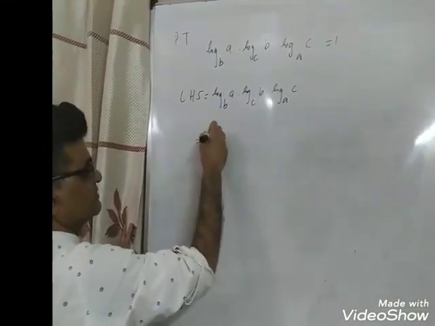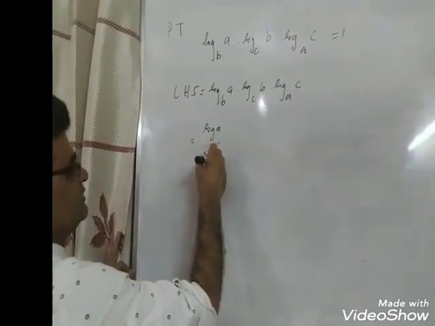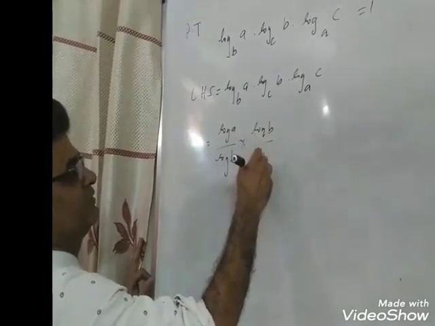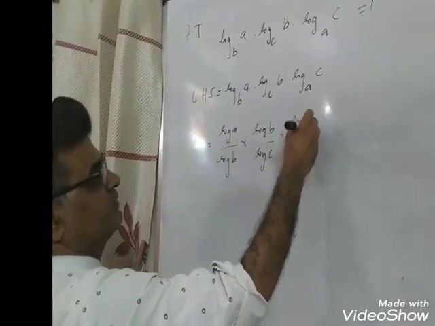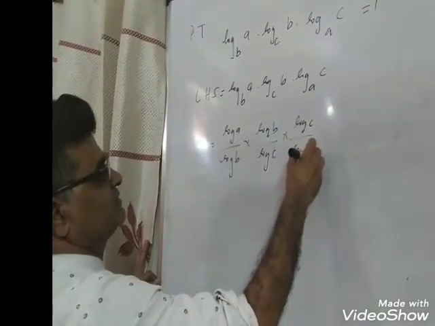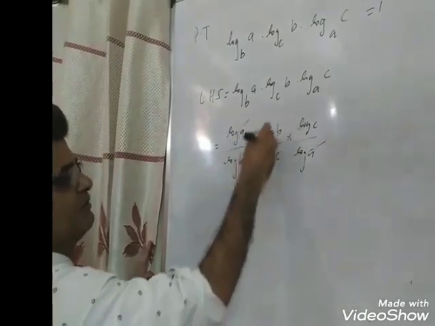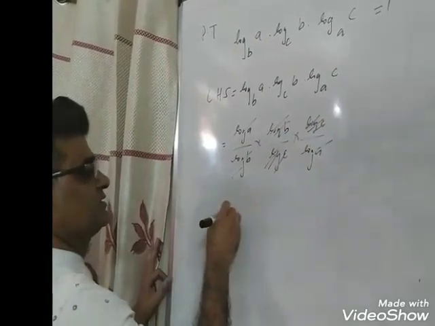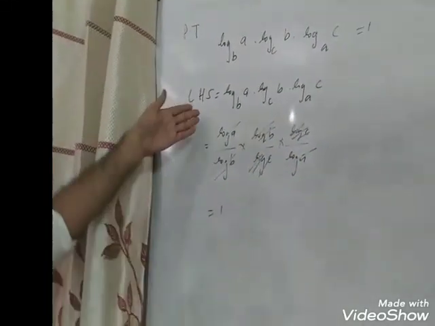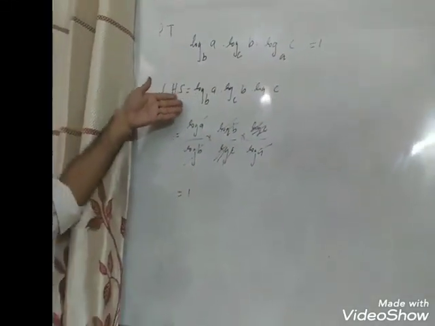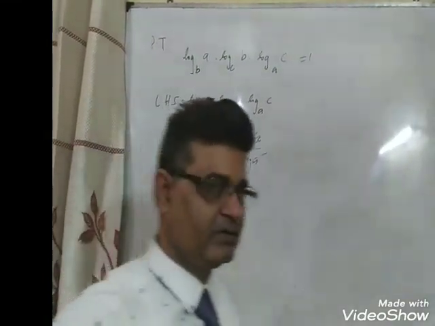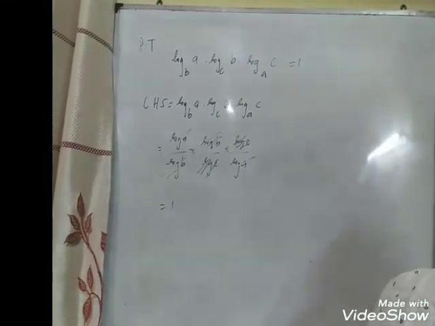So this is log a upon log b. We are changing the base, log b upon log c into log c upon log a. So log a gets cancelled, log b gets cancelled, and log c gets cancelled. So the answer is going to be 1. So only by changing the base of the logarithm, we can easily solve this kind of question. Okay, we are moving to the next question.